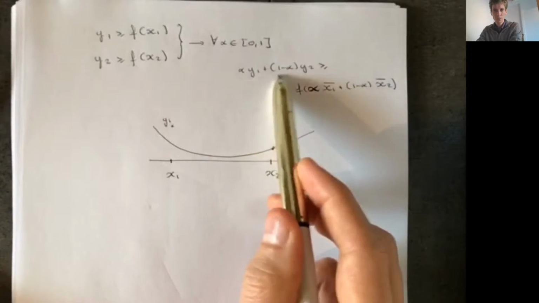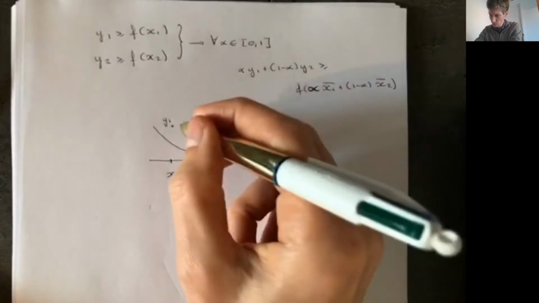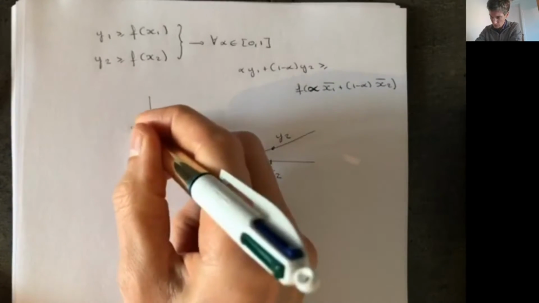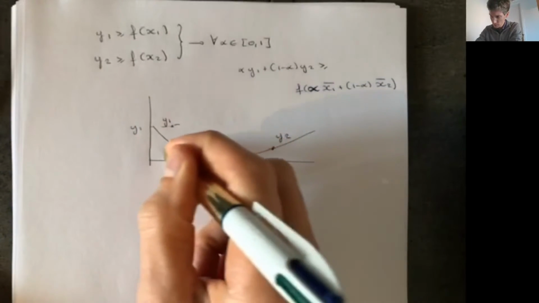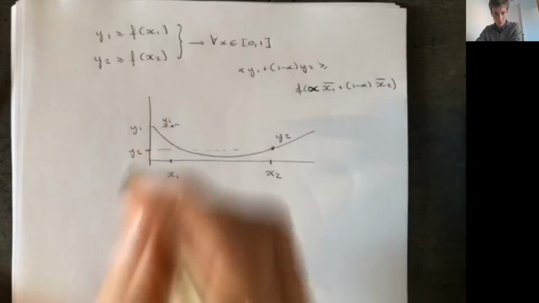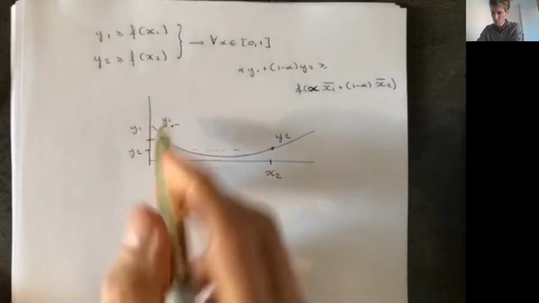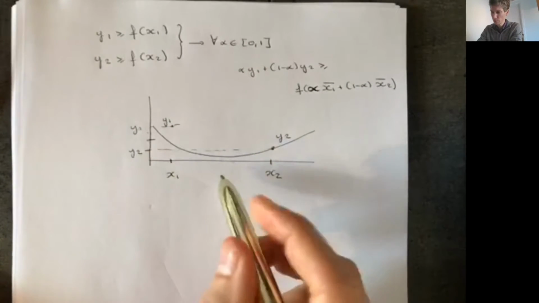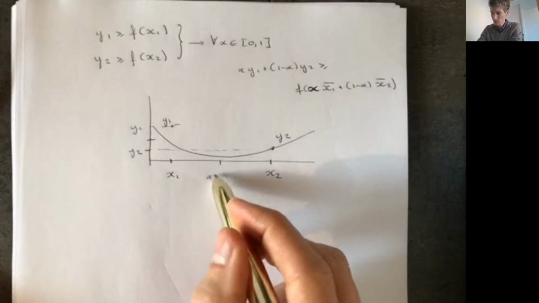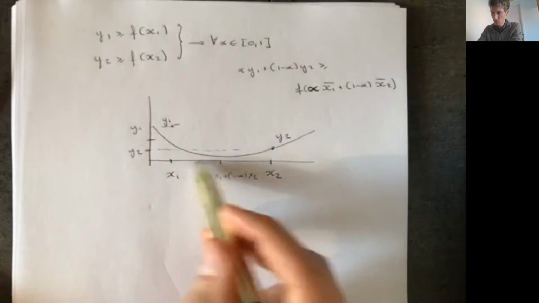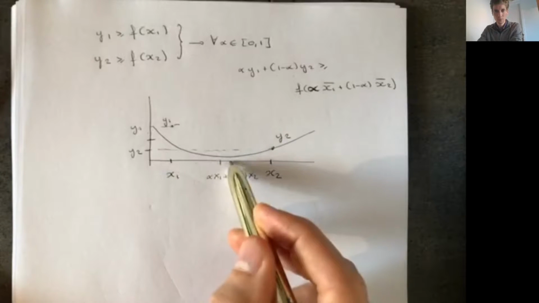Then alpha y1 plus 1 minus alpha y2 should be somewhere between these two, and alpha x1 plus 1 minus alpha x2 should be on the line segment between these two.